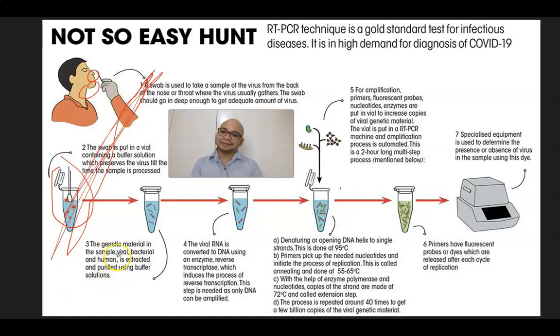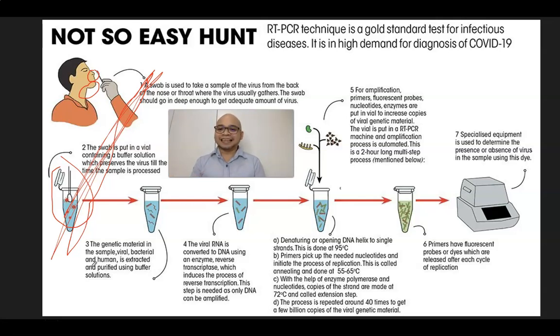And then the genetic material in the sample, viral, bacterial, and human, is extracted and purified using a buffer solution. So we want to eliminate those things that are not needed in the assay, because a swab may not only contain coronavirus, it may also contain other structures such as bacteria.